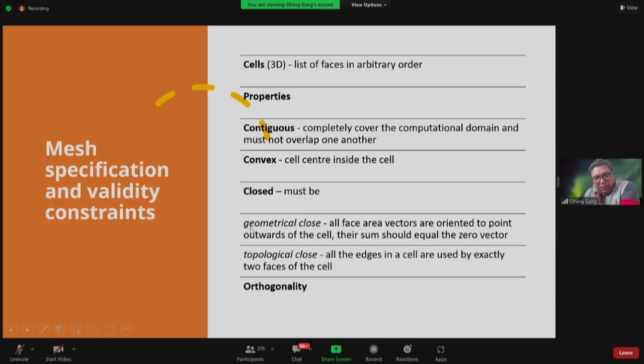And what does it mean? There are two parts. One is called geometrical closure. All face area vectors are oriented to point outward of the cell, so their sum should equal the zero vector. If you have created the faces consistently in the positive direction, like a cube in the x direction, looking from outside one side would be red and the other side blue.